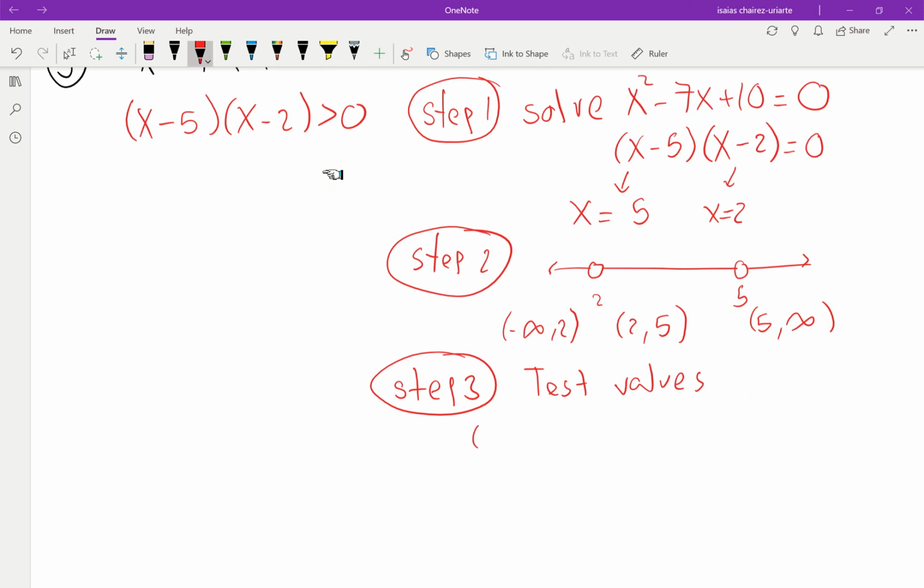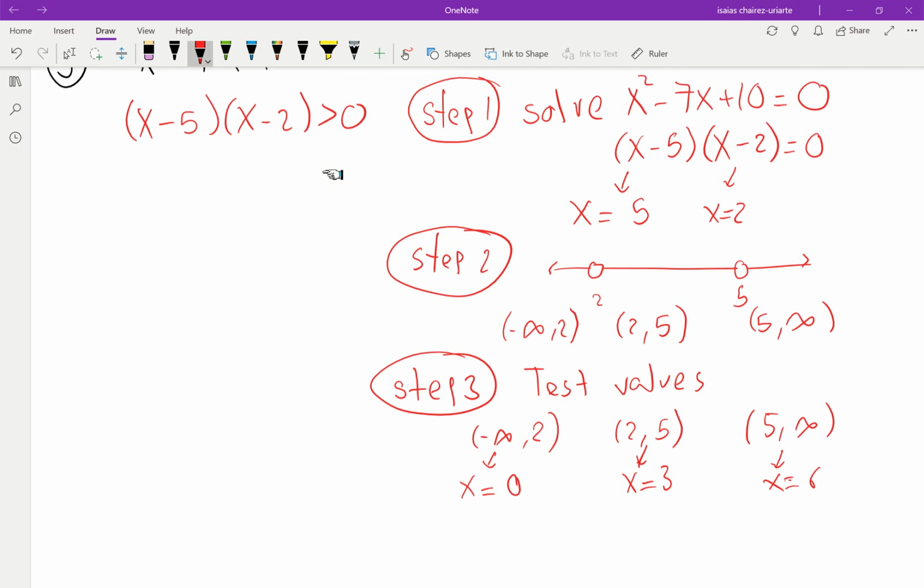From negative infinity to 2, I'm going to pick the value x equals 0. From the interval 2 to 5, I'm going to pick x equals 3. And from the interval 5 to infinity, I'm going to pick x equals 6.